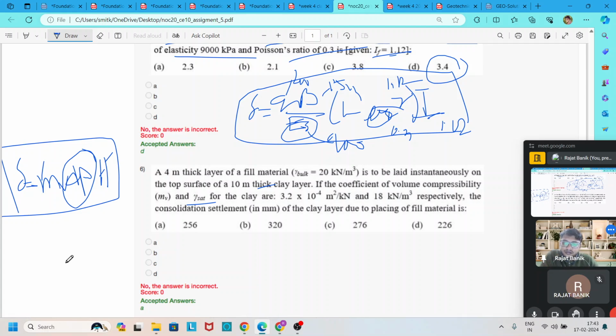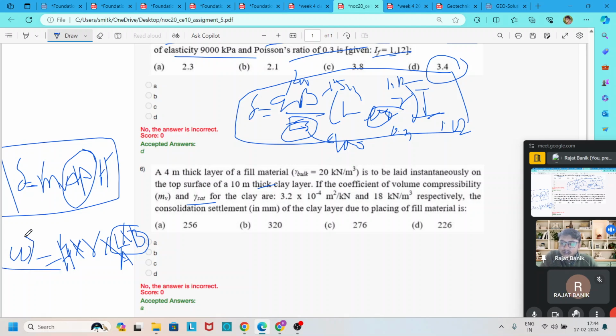This weight is height into gamma into L into B, where L into B is the cross section area of this fill.